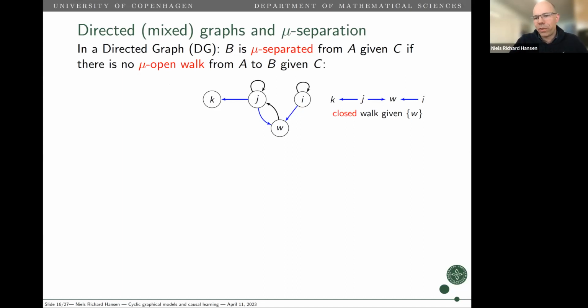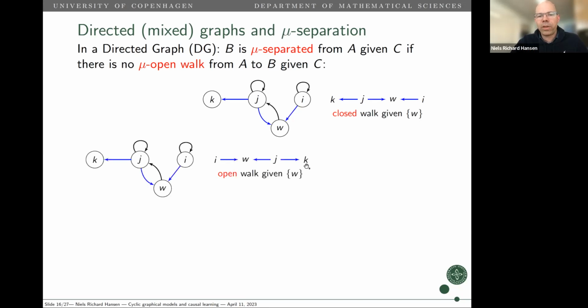Instead of going through the definitions, I would say it's just like d-separation, except for one small change. The small change is that the walk has to end with an arrowhead, it cannot end with a tail. So in a graph like this, we can take a walk from K in this direction over W to I. And even if we condition on W, which is a collider, which will usually open this path, it's still closed because it ends with a tail and not an arrowhead.